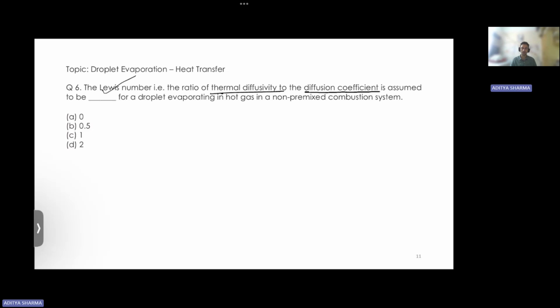This ratio is 1. For our discussion purpose, we have assumed that it is 1. So in that case, option C is the correct option in this question.